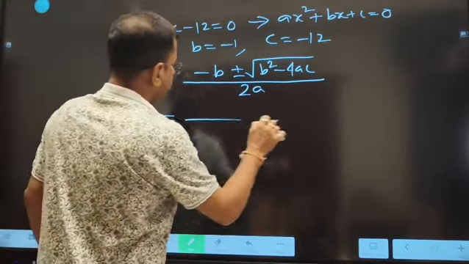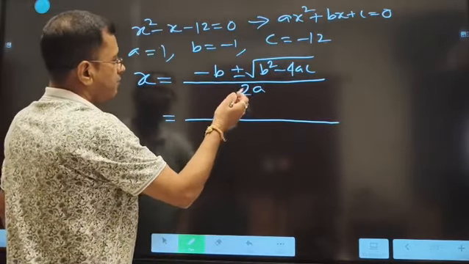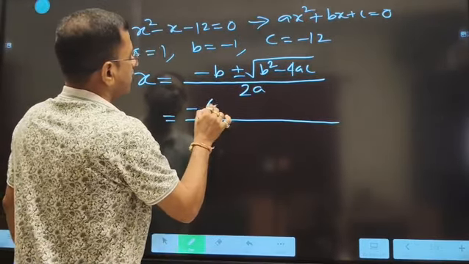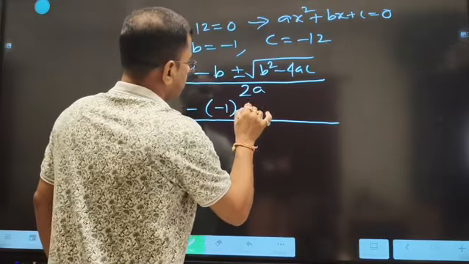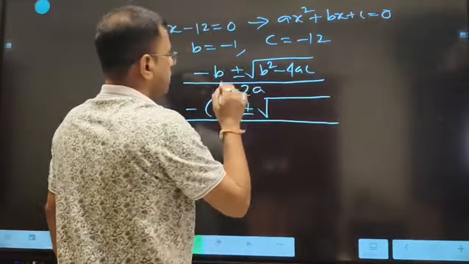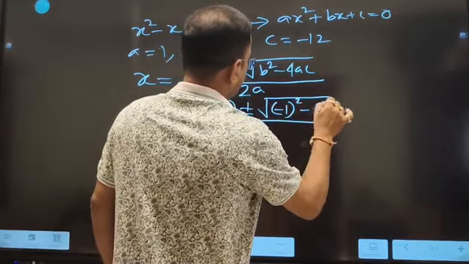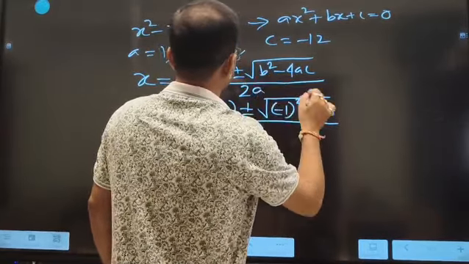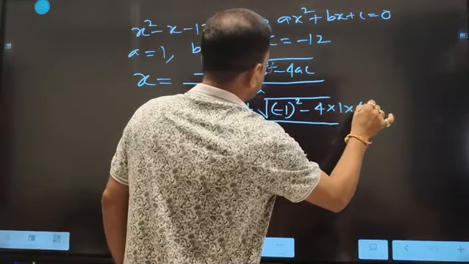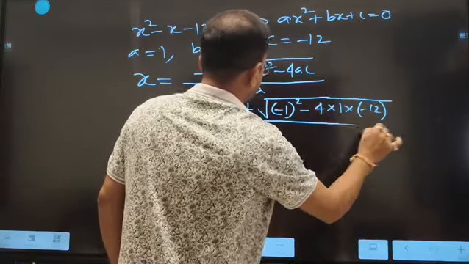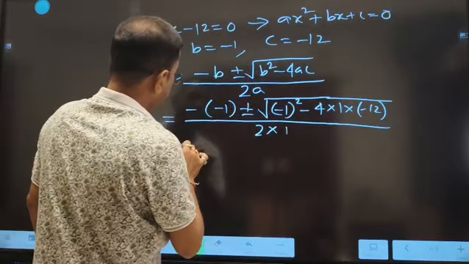Now put in the values of a, b and c: b is minus 1, so minus b is 1, plus minus the root of minus 1 whole squared, minus 4 into a equal to 1 and c equal to minus 12.